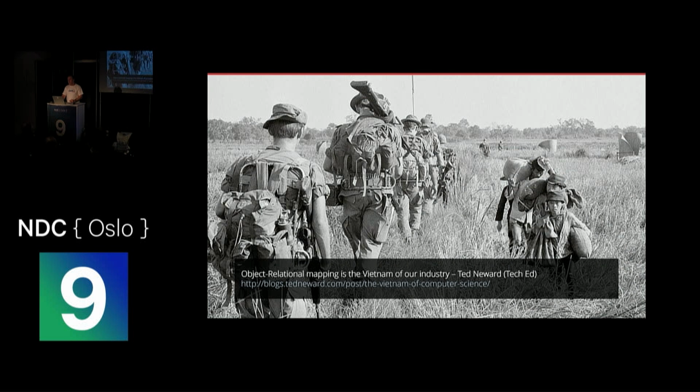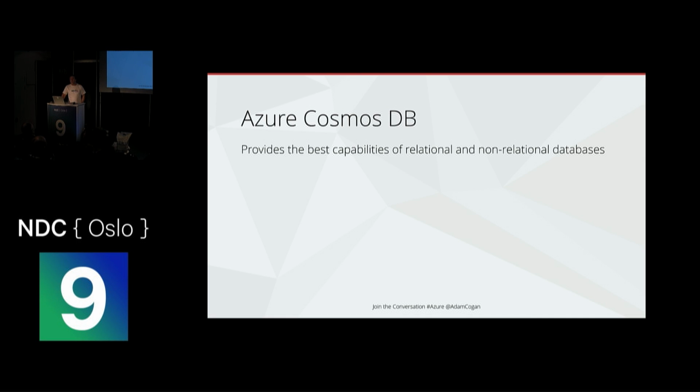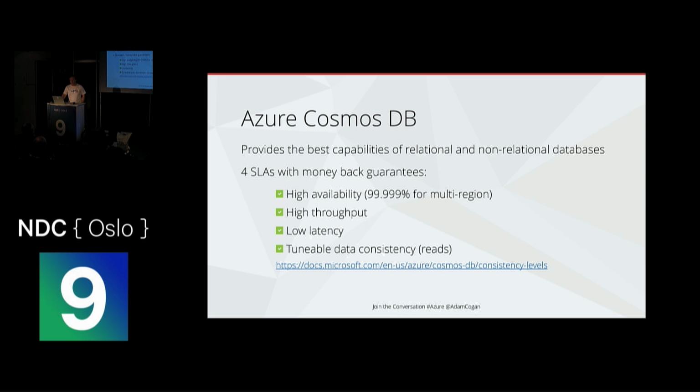Okay, so this has all been talked about a lot with the object relational impedance mismatch. It's hard to work with SQL for object-oriented guys. Cosmos DB gives you the best of both worlds, and they give you 4 special SLAs: high availability, 5 nines, high throughput, low latency, and tunable data consistency.